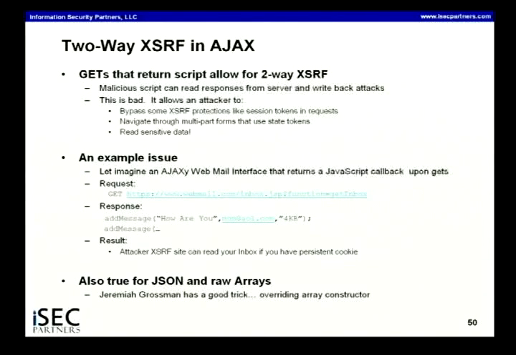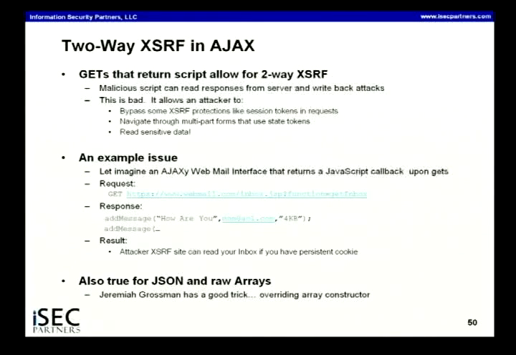So in this example, maybe it's webmail.com, and when you ask for the inbox, they send out JavaScript that calls these functions, add message, add message, add message, which then goes through and adds the message into the DHTML. Well, if I'm the attacker, all I have to do is create an add message function, and when that comes back, it calls my function, and my function gets all that data cross-site.